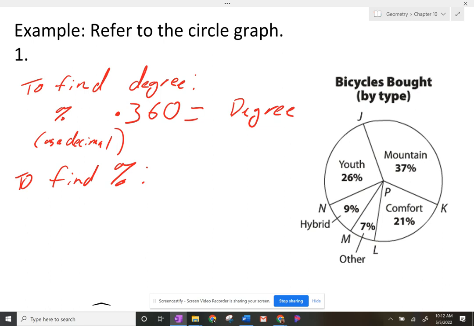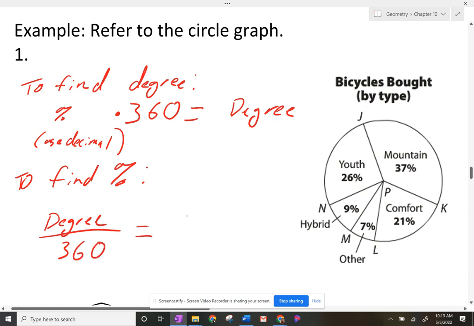To find the percentage, if they give you the degree, you will take your degree divided by 360, and that will give you the percent. Again, you have to move the decimal over 2 times.